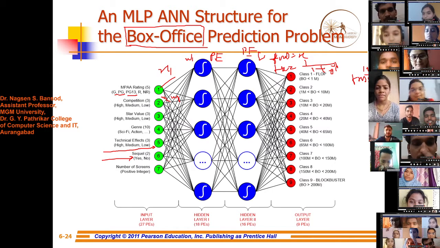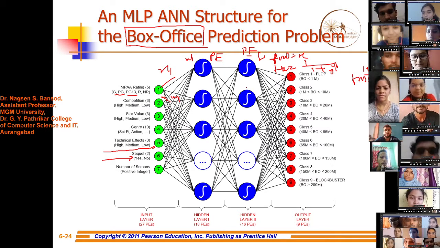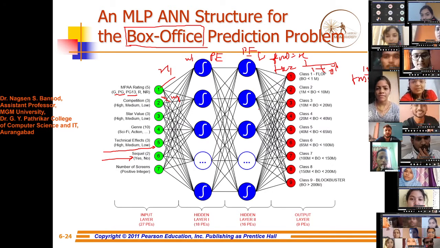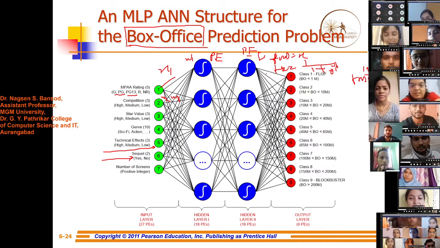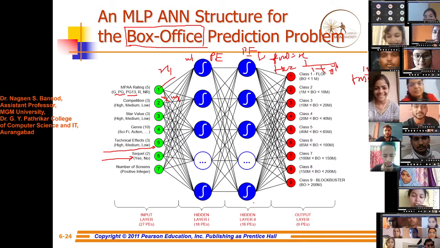This is the bipolar sigmoidal function. This we will use again in this hidden layer.